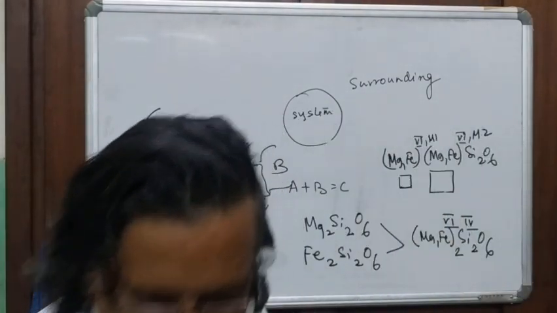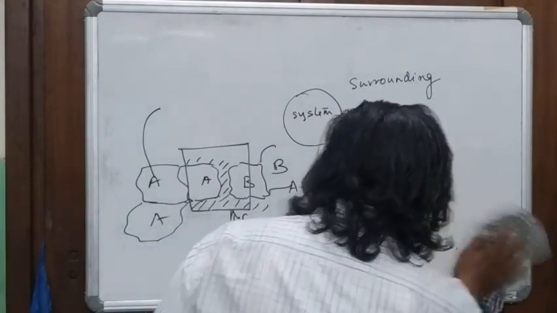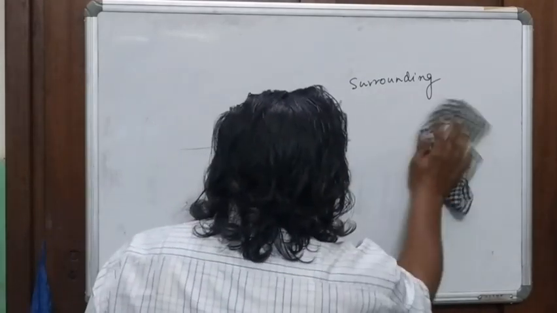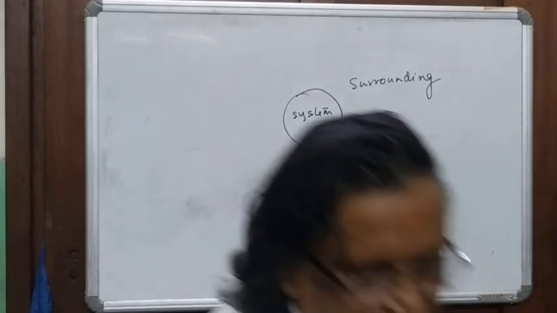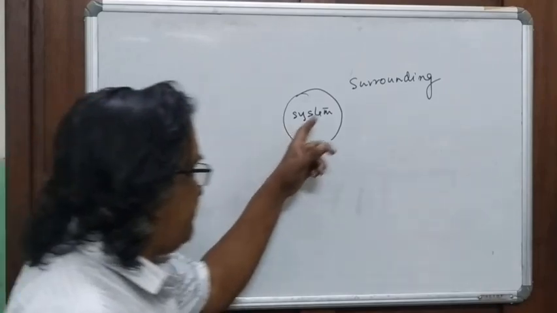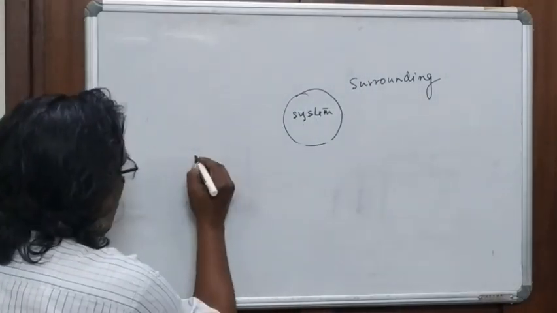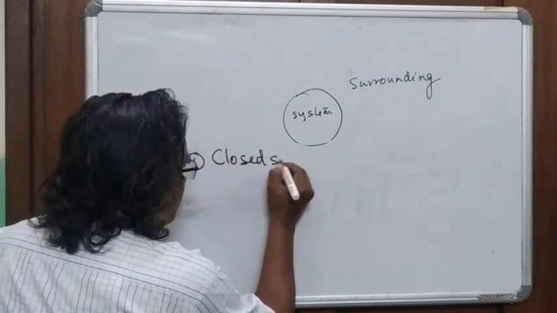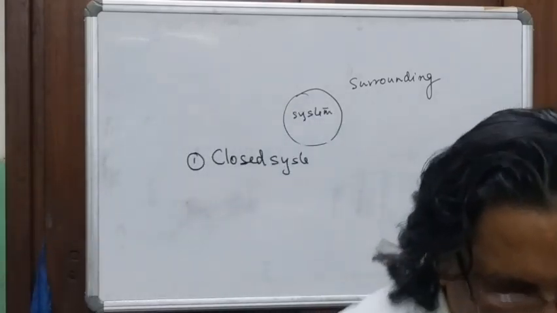And then, while this happens, there are three ways in which system and surrounding interact. You know this. One is called closed system. Sorry, not closed system. I'm sorry.